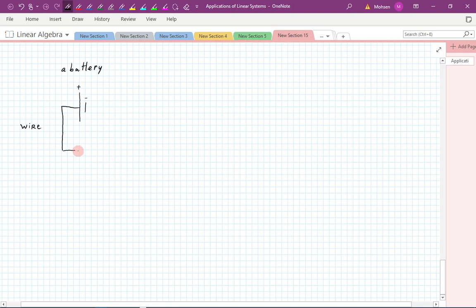It's typically shown by this zigzag line indicating that we have a resistor. So a resistor, an example of it would be just a light bulb. And as we said, these wires act in a very idealized way in our drawings. They come in the shape of some squares or rectangles and so on.